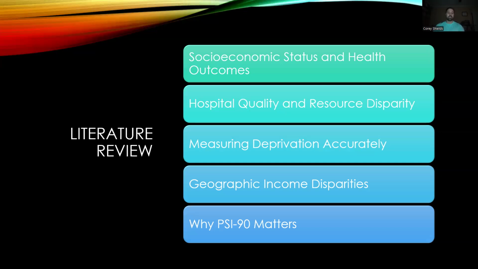When measuring deprivation accurately, the Balanced Area Deprivation Index was utilized, with BADI being the acronym for that, improving on traditional socioeconomic indices by refining metrics to better predict adverse outcomes.